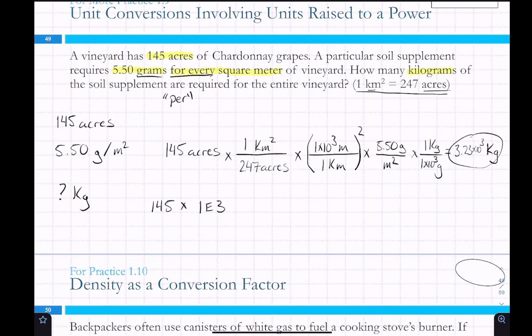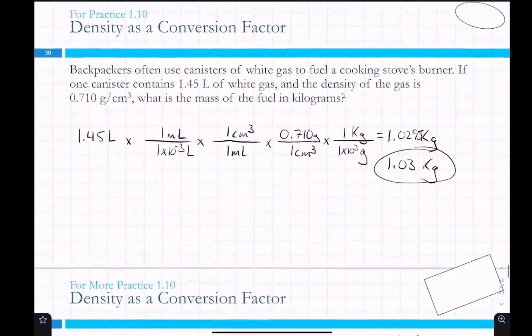So this E means times 10 raised to whatever number you put next. And then you can square that, and it'll treat this 1 E3 as a single number. So you don't have to worry about it for order of operations. And then we're going to divide by 247 and divide by 1 E3. And that'll give us that number there. Right, moving on.